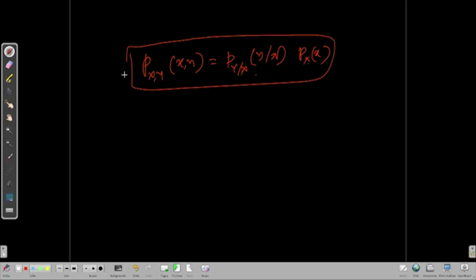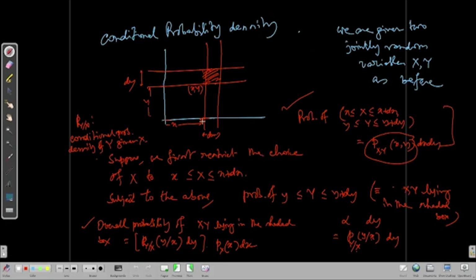All right. Now, in the previous page, I constrained capital X to lie from here to here, subject to that I took the cases when capital Y lying from here to here. I can reverse that, interchange that. I can first constrain capital Y to lie from small y to y plus dy, and then see how often capital X lies from this much to this much.